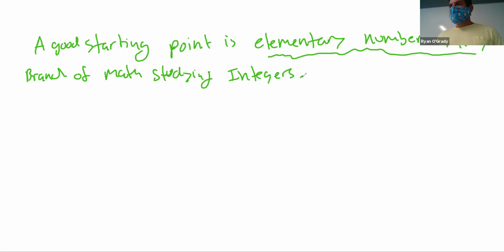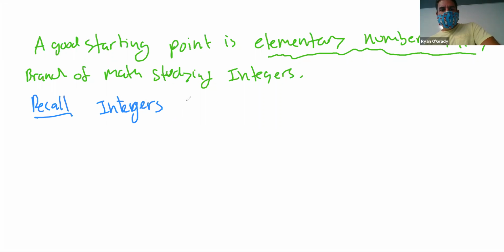So we need to make a definition. So let's recall. Integers are 0, plus or minus 1, plus or minus 2, plus or minus 3, etc. Those are the integers.